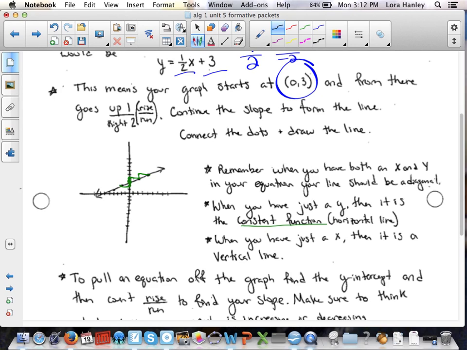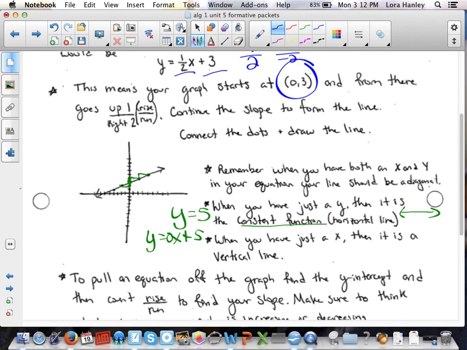So it may say y is equal to 5, or y is equal to negative 2. That tells you your line is horizontal. Remember, horizontal lines have a slope of 0. So technically your equation is y equals 0x plus 5, but we don't have to write 0x because 0 times anything is always 0.